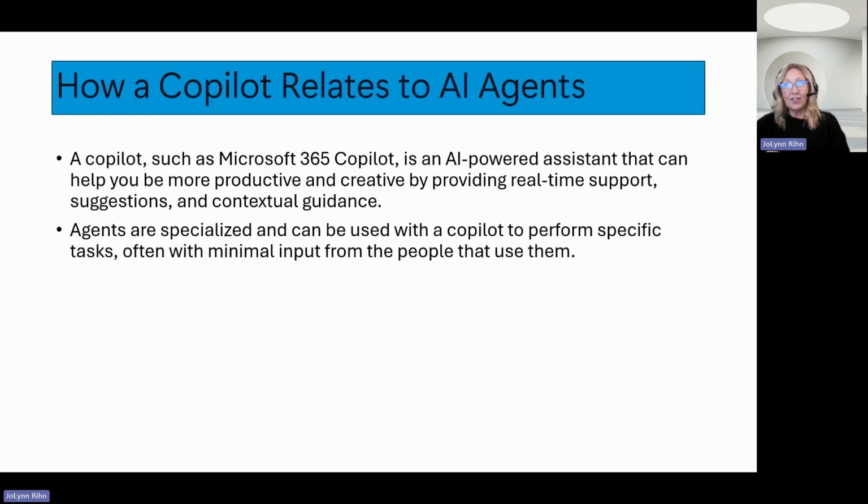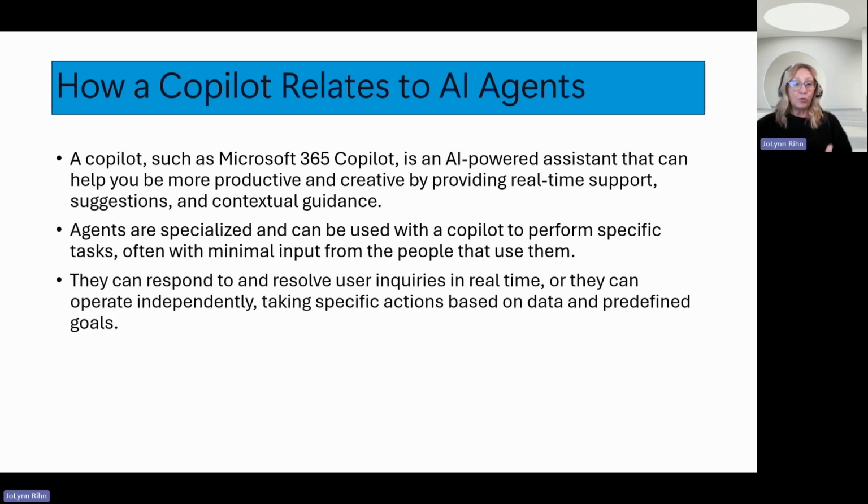Agents are specialized, I should say, and can be used with a Copilot to help automate tasks and do minimal input by the end user, and it will do all the processing in the background. They can respond to and resolve user inquiries, like I was saying with the Q&A kind of back and forth with the agent. They can operate independently. They can be, of course, real time.